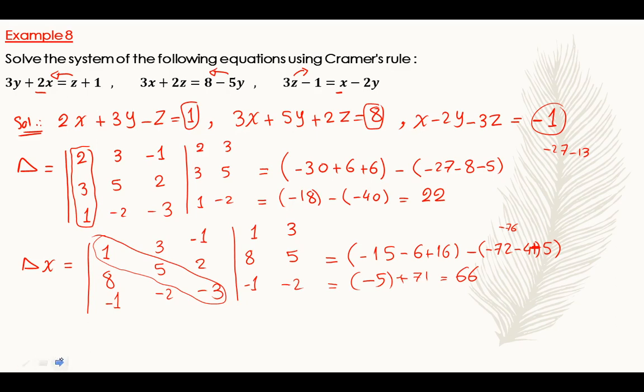Then we are going to find the value of the determinant delta y. We write the coefficients of x again, 2, 3, and 1. We replace the column of the coefficients of y by the constant values 1, 8, and negative 1.